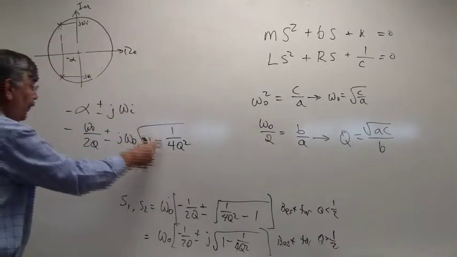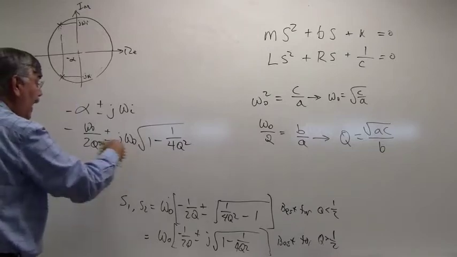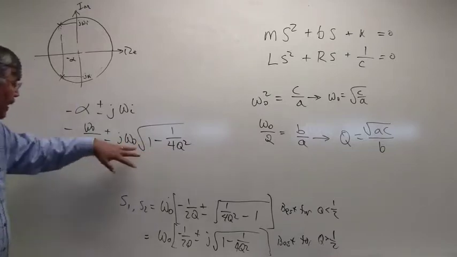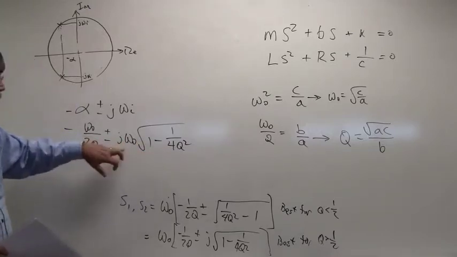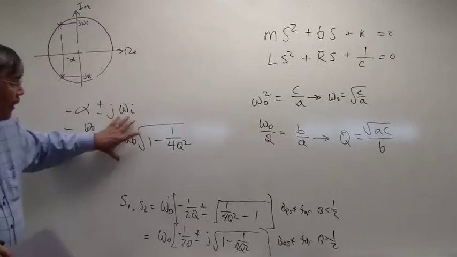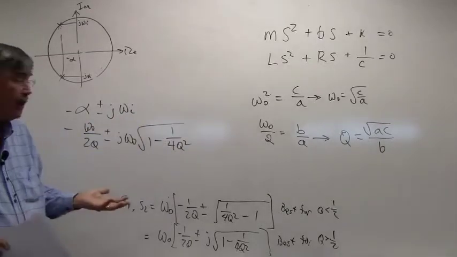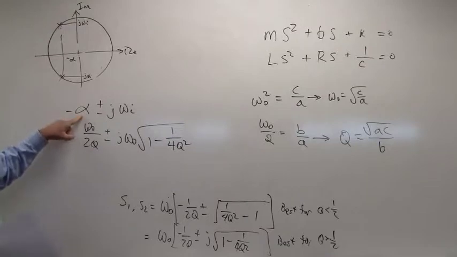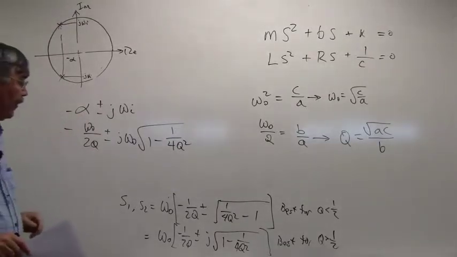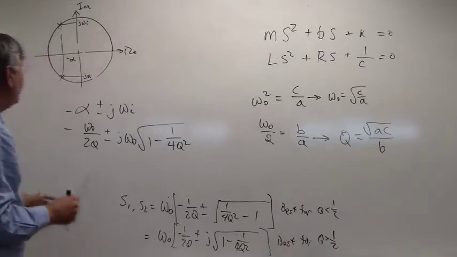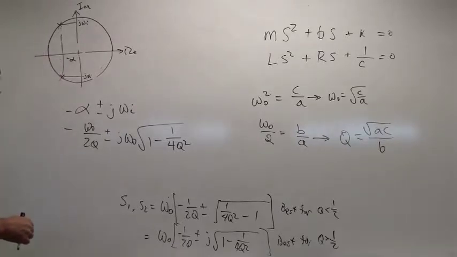So this is the magnitude part. If you remember from a previous discussion, this part is associated with an oscillatory component, and this part is associated with a decaying part. We'll see what that means a little bit more, but we'll be looking at it later.